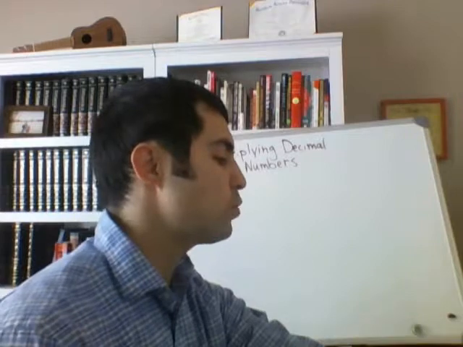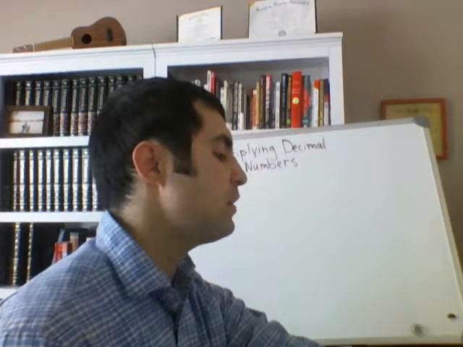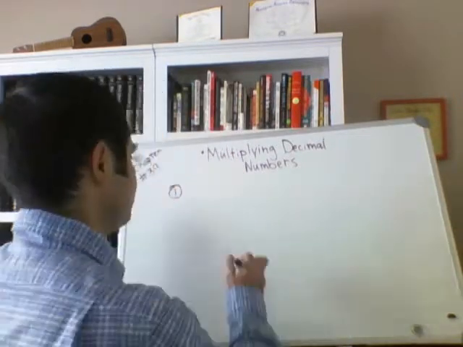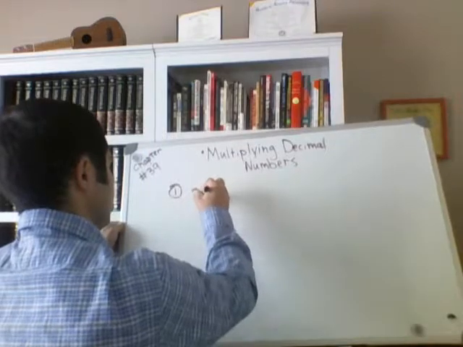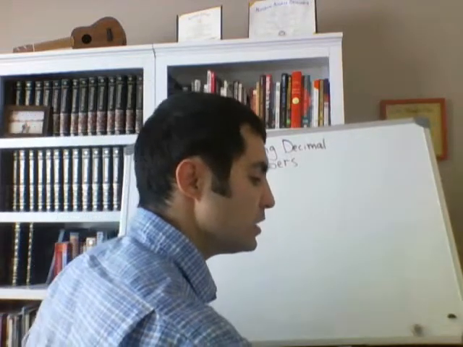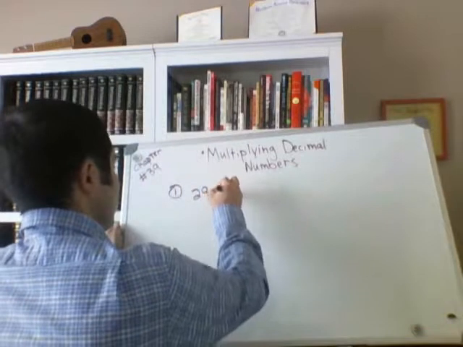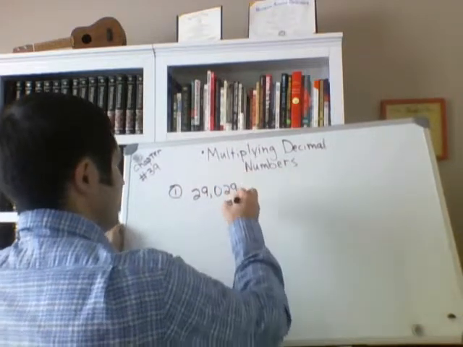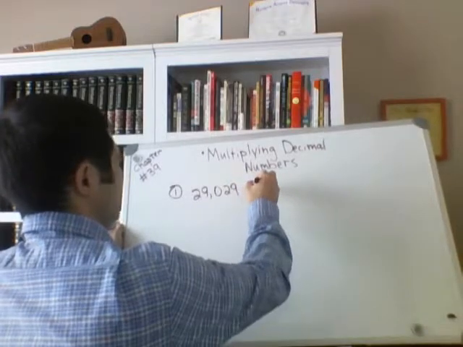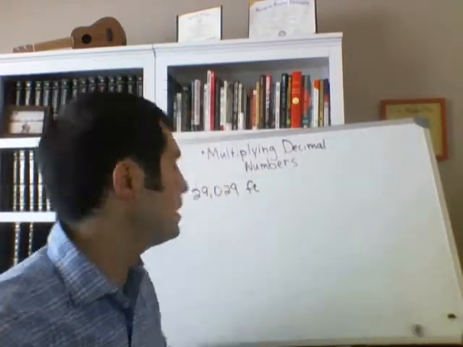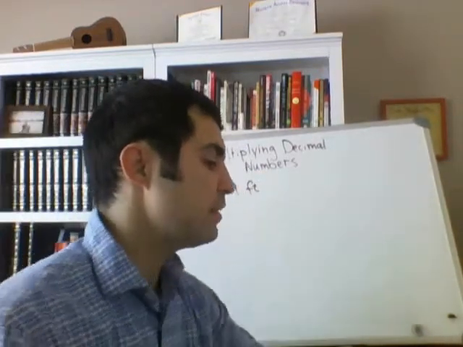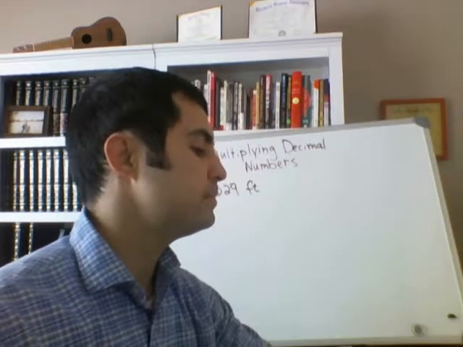Okay, so Mount Everest, the world's tallest mountain, rises to an elevation of 29,029 feet above sea level. So that's how many feet above sea level Mount Everest is.